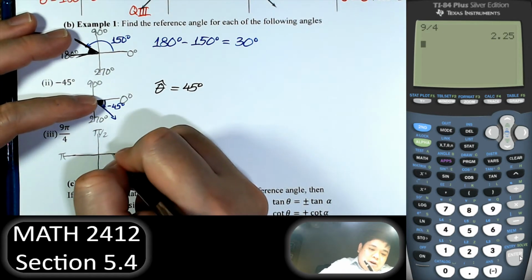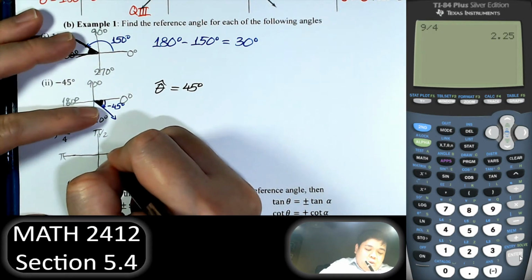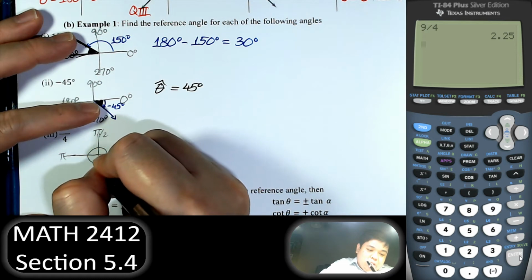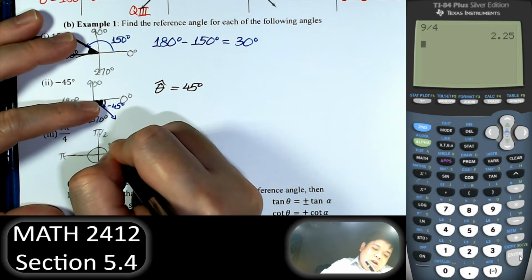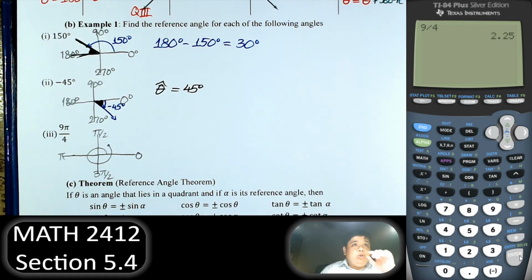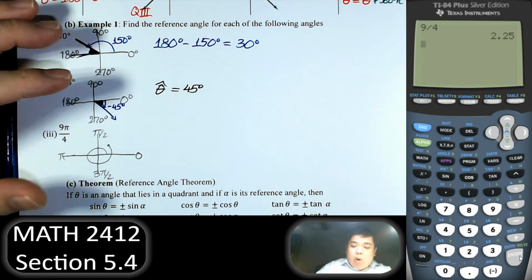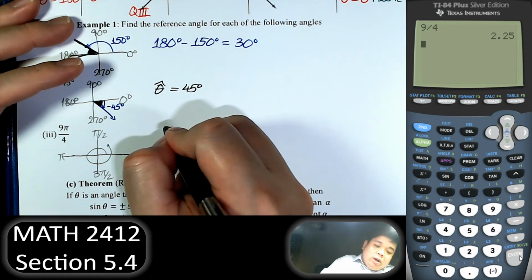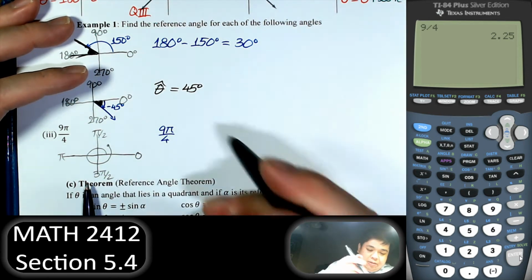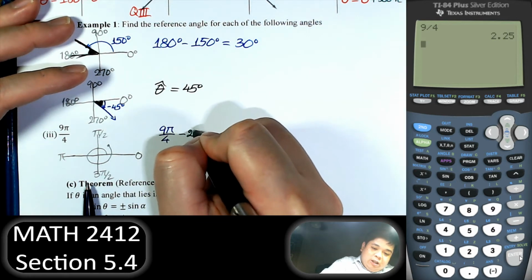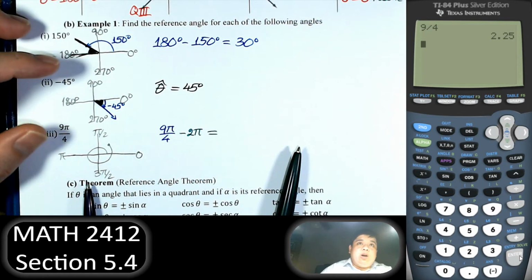So we go 0, and let's say we go 1 pi, 2 pi, and 1/4 of a pi. So we stop here. To find the reference angle, first, if we want to simplify things, we can always subtract 2 pi to get a coterminal angle.